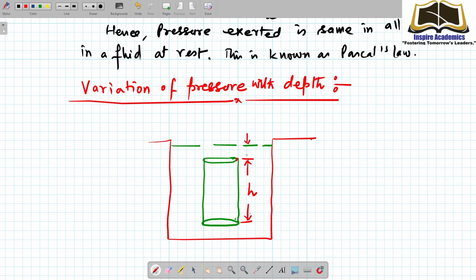Let us say this initial height is h1 and this whole height is h2. So what we are telling is that h is nothing but h2 minus h1, yes or no? Correct. Now let us say as a result of the mass acting on the center, mg is getting exerted as downward force, right?